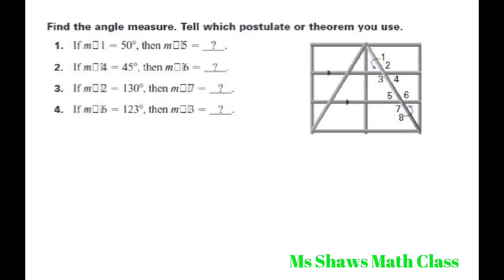All right. The measure of angle 4 is 45 degrees. What's the measure of angle 6? Well, due to these parallel lines, this is called the consecutive interior angle theorem.